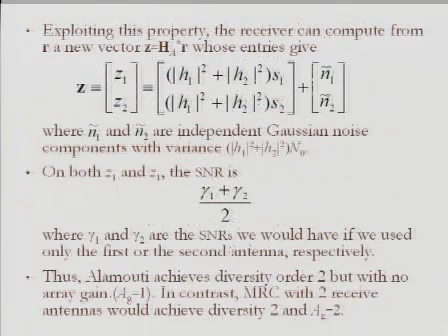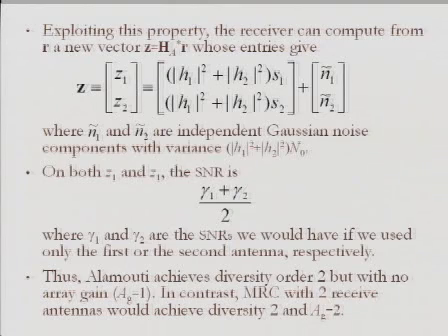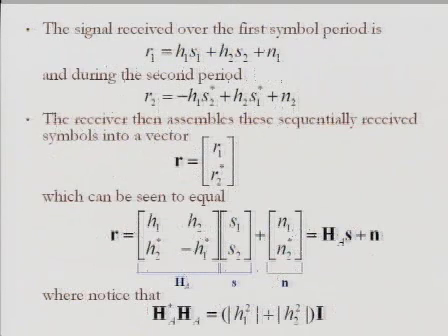And if you pre-multiply this vector R by H Alamouti conjugate, what you get is a vector Z, which looks like this, right? Okay, so you multiply here. Because of the fact that the Alamouti matrix has this property, you can do it on your own.